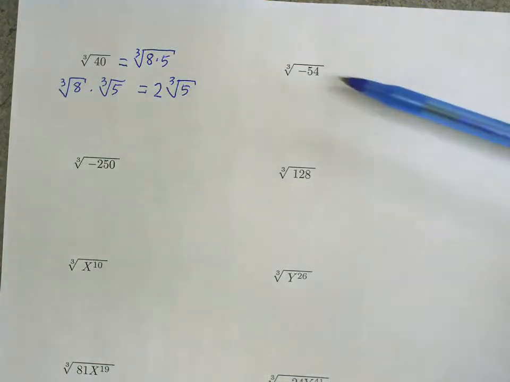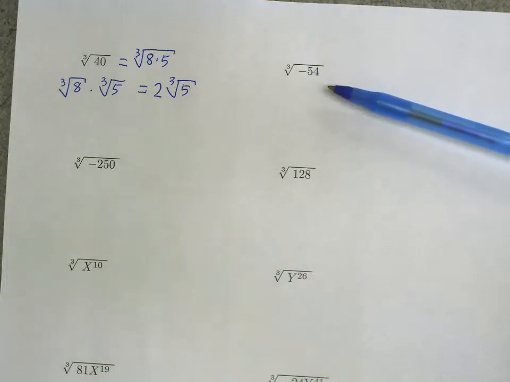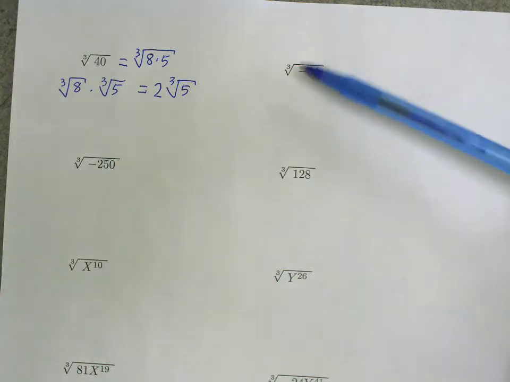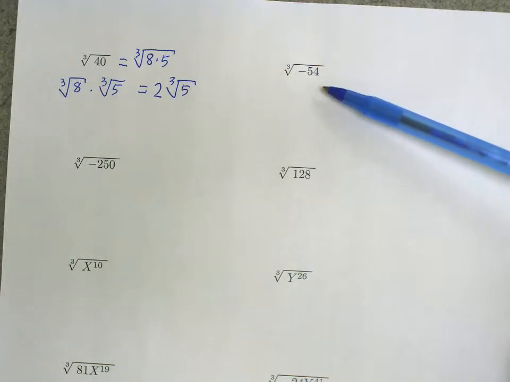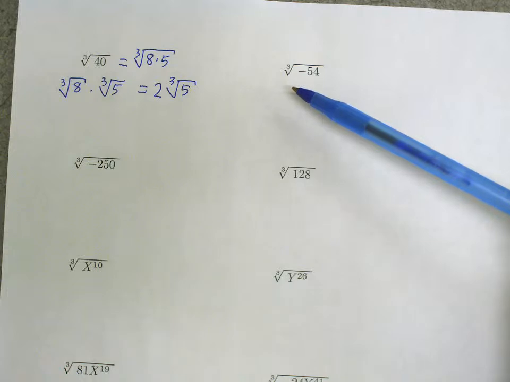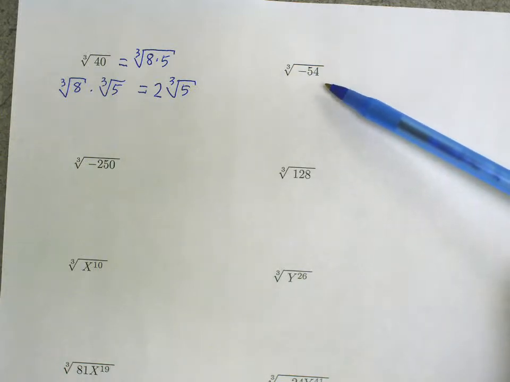Okay, the next one, the cubed root of negative 54. Remember that cubed roots of negative real numbers are negative real numbers. So there's a fundamental difference between radicals with indexes that are odd integers, such as 3, compared to radicals with indexes that are even numbers, like the square root.